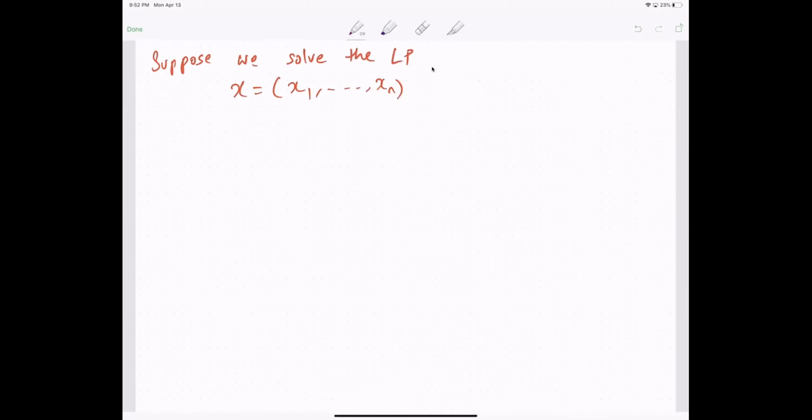So let's just start with the traditional technique. What's the traditional technique? The traditional technique would be to just do randomized rounding, right?